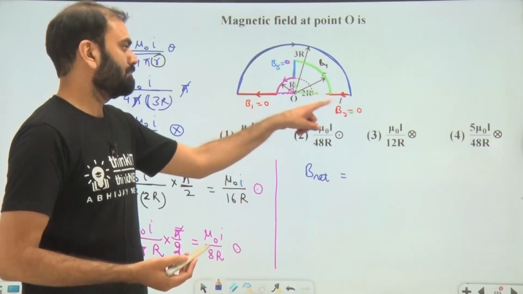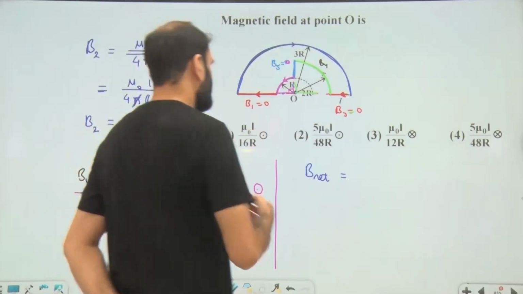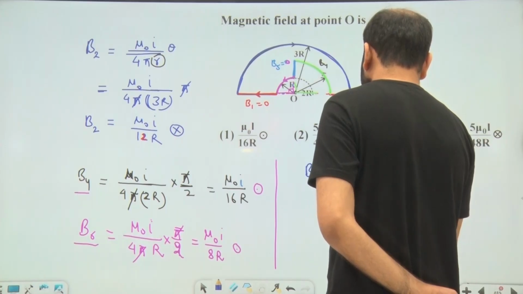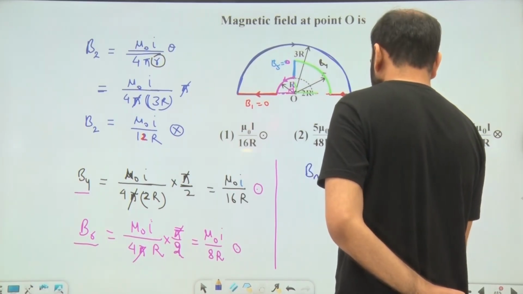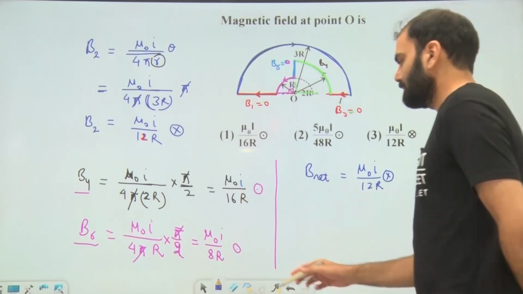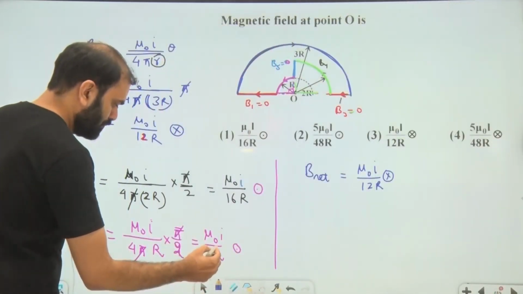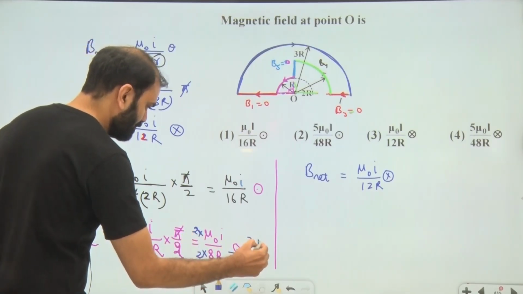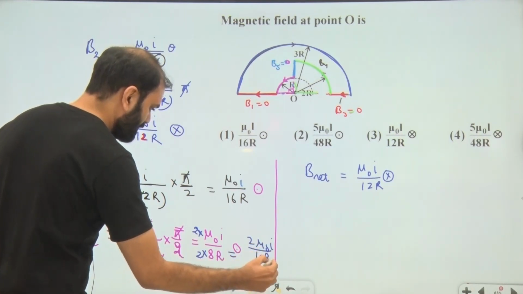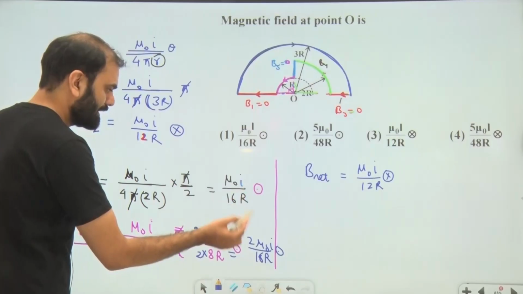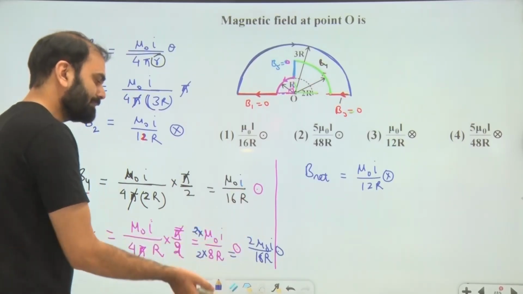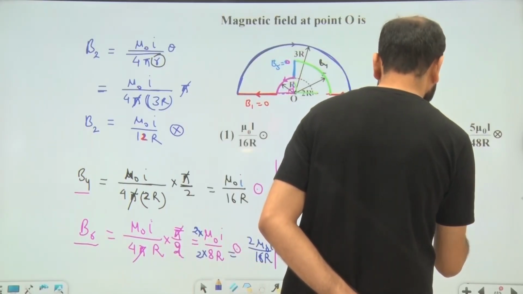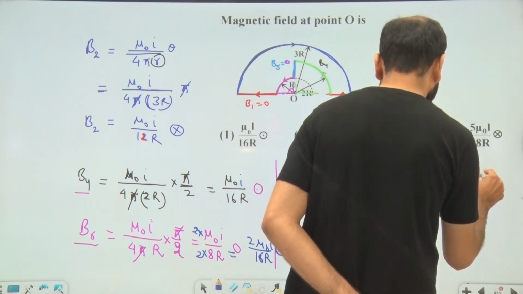Since B1, B3 and B5 are 0, the rest is mu naught into I upon 12r in the inward direction, plus, multiplying numerator and denominator by 2, 2 mu naught I upon 16r, in the other direction. Since these two are in the same direction, you add them to get 3 mu naught into I upon 16r, which is inward.